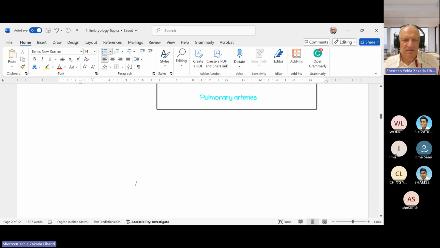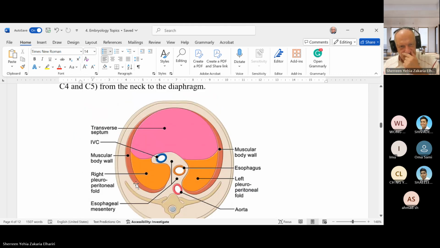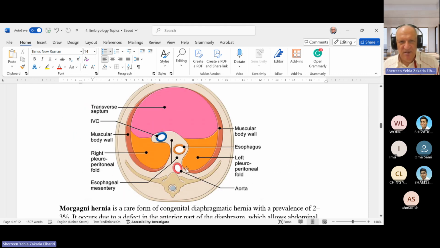The second or third important topic is the development of the diaphragm. As you see, the diaphragm is a big muscle. It has a big area called the transverse septum, and the right and left pleuroperitoneal folds. Of course, it has holes for the inferior vena cava, the esophagus, and the aorta.